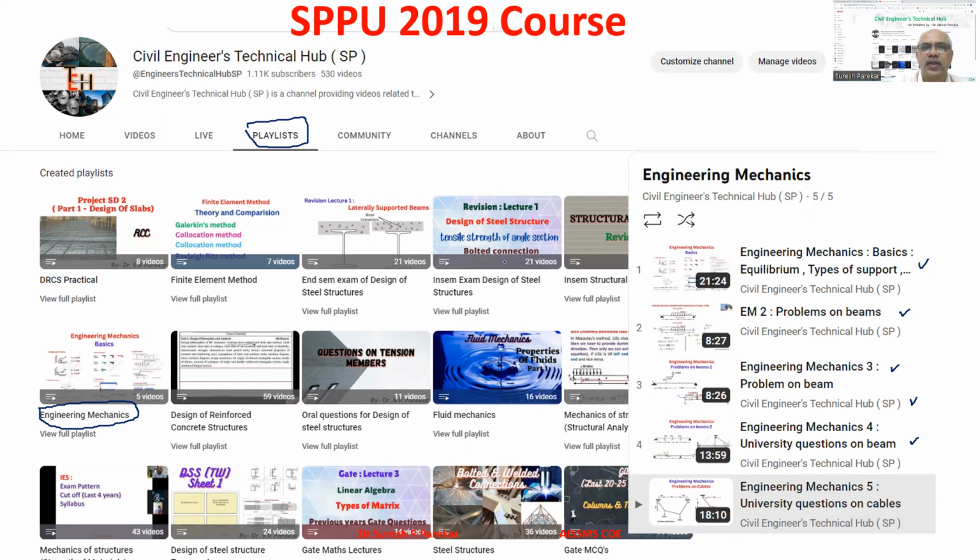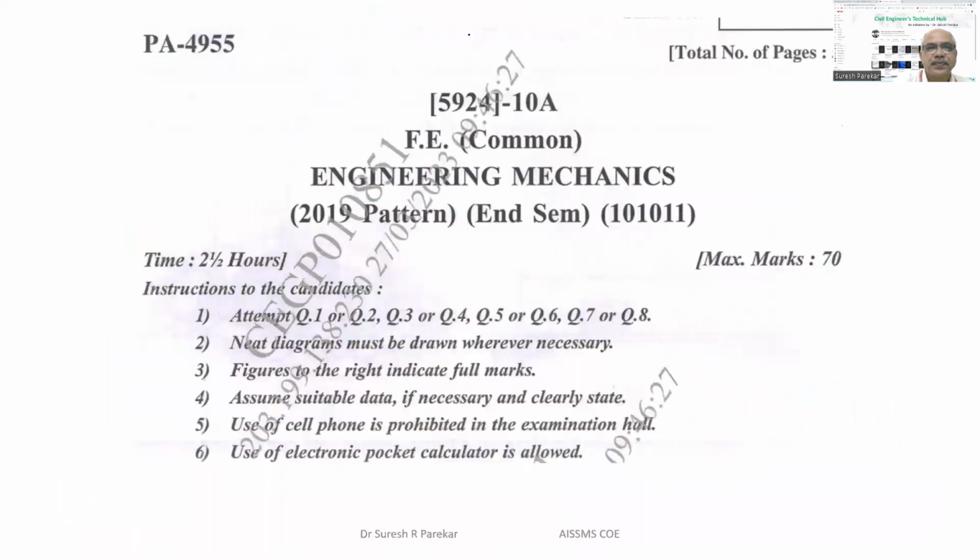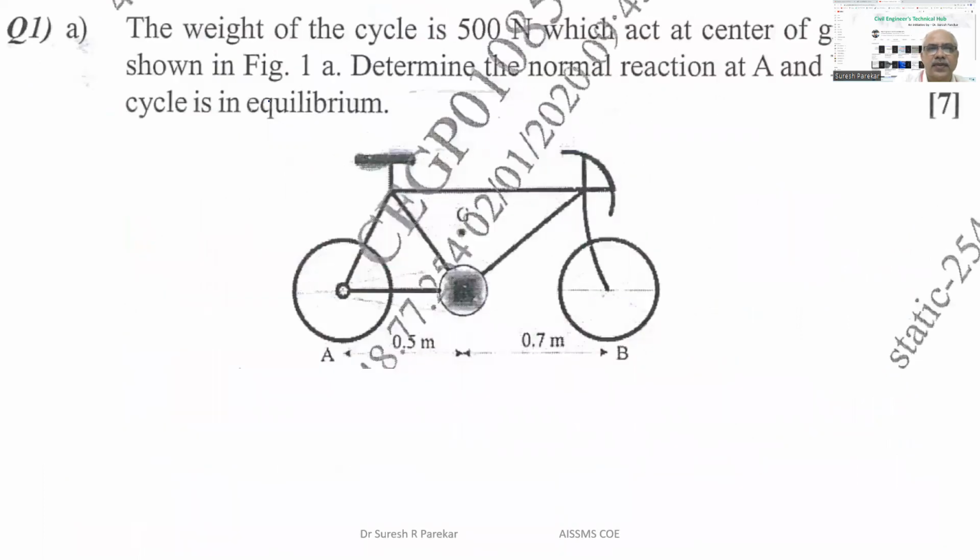Now we are going to solve the problem from the 2019 pattern of SPPU. So now this question paper is from December 2019, and we are interested in the problems related to unit 3 part A.